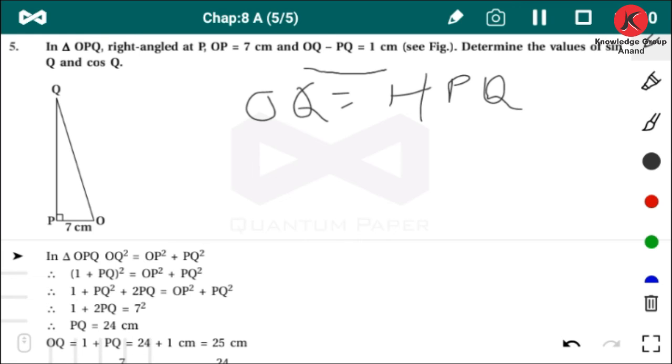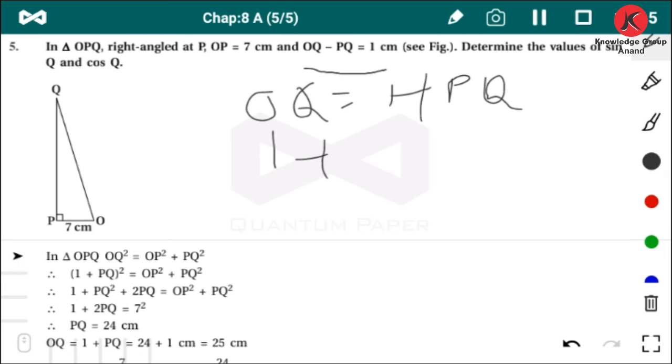Put the value in this theorem: 1 plus PQ whole square is equal to OP square plus PQ square. Expanding, 1 square plus PQ square plus 2PQ is equal to OP square plus PQ square. OP is equal to 7, so OP square is 7 square, that is 49.